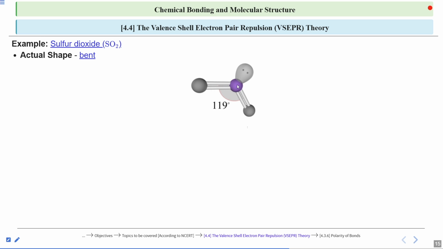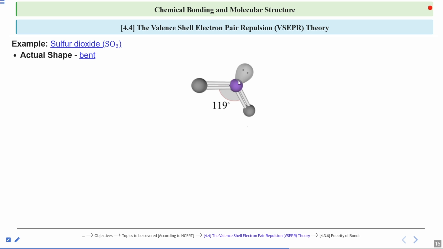As a result, the angle which should be 120 degrees is being reduced to 119 degrees. So the value is being reduced by 1. Why is it happening? Because this lone pair is pushing this bond pair and this bond pair, and therefore reducing the angle between them. I hope it is clear to you why it is happening.